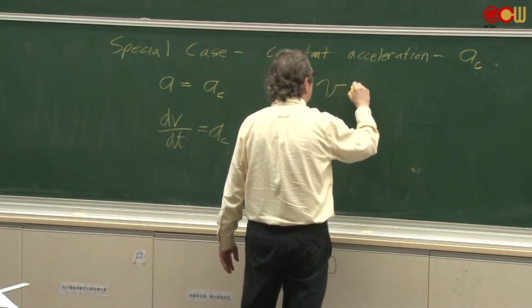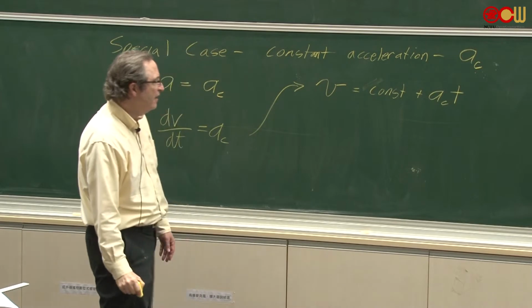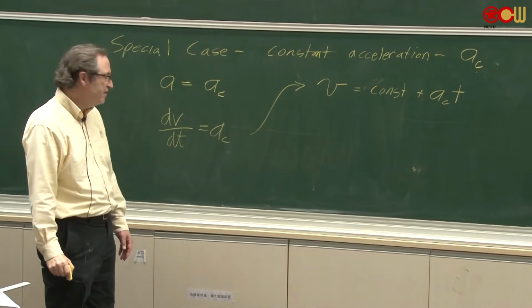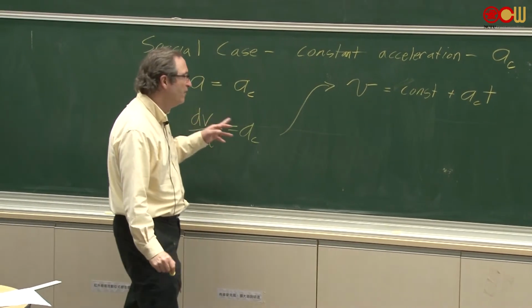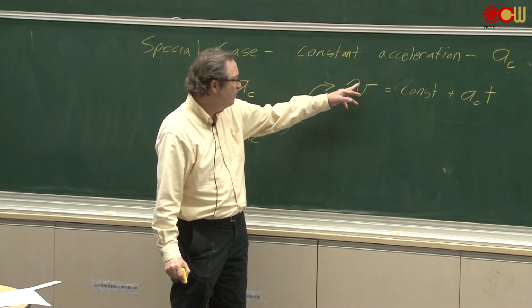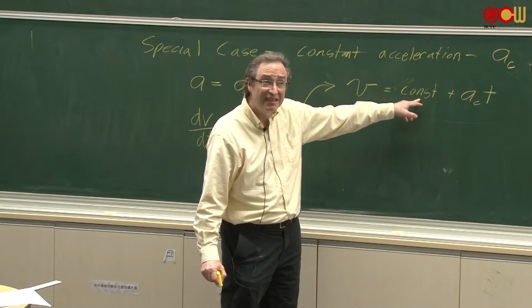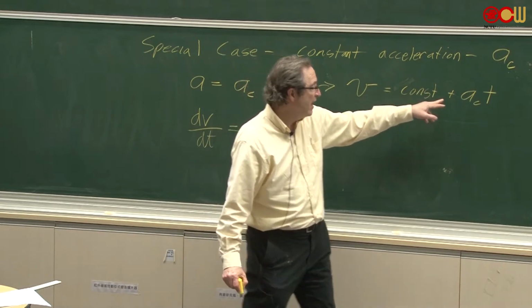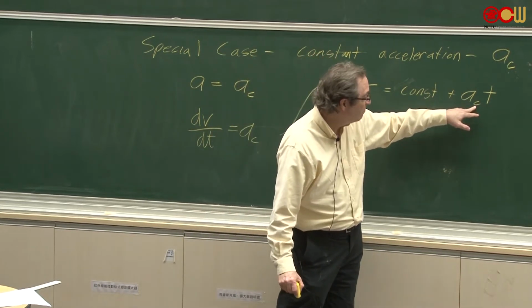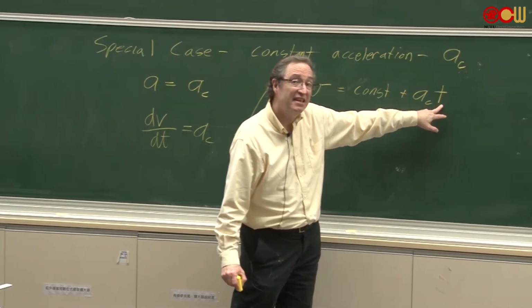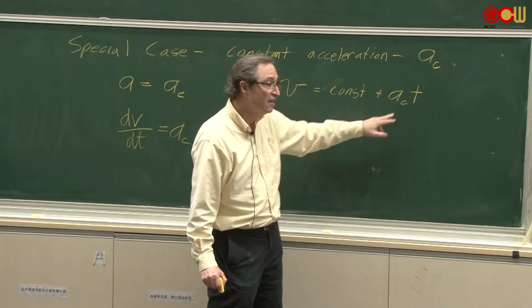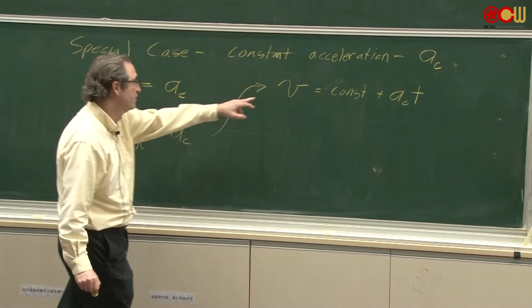This is the function that will do that. So take a look at that, and you notice that if I take the derivative of this function, the derivative dv dt over here, the derivative of a constant is 0, and the derivative of a constant times t is just that constant. So sure enough, this works.